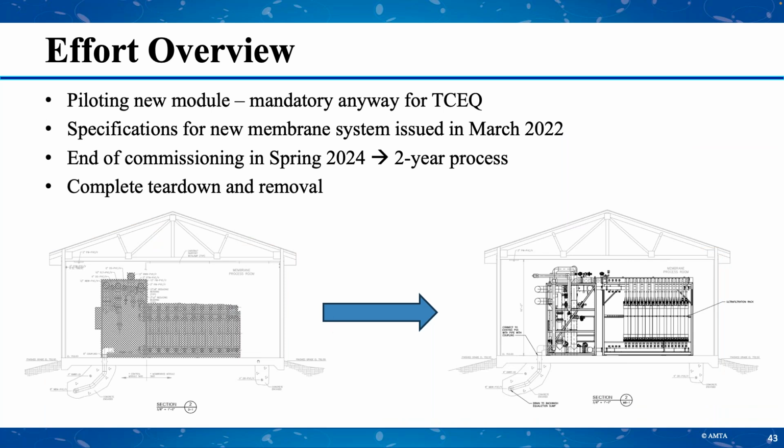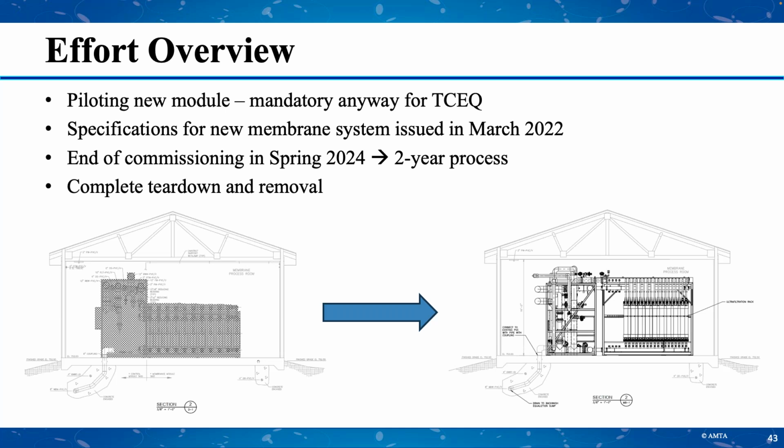So you have to first start with piloting, which would have been done anyway because this is in Texas. The TCEQ regulatory body there would mandate piloting for new membranes. Even if you had a FiberFlex, you would have had to pilot to test that new membrane. So the piloting would have been done no matter what. But you have to tear down the whole thing.